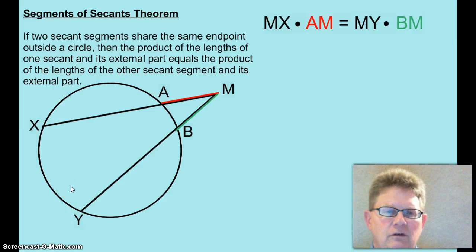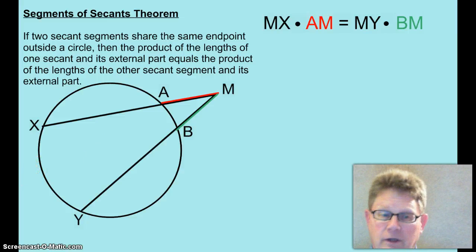The segments of secants theorem says that if you multiply the length of one secant segment times its external part, so MX times the outside part MA, it is going to equal the other secant segment MY times its external part BM. That's the segments of secants theorem.